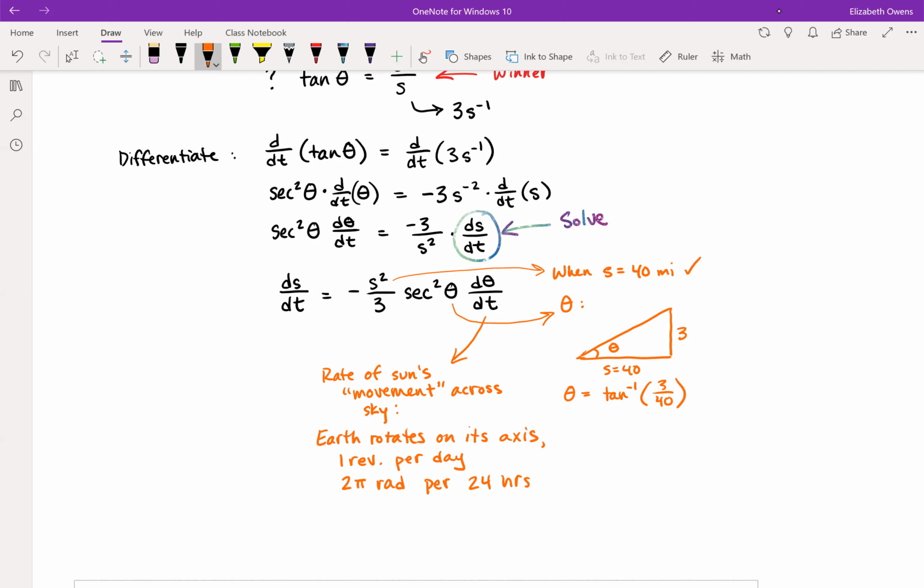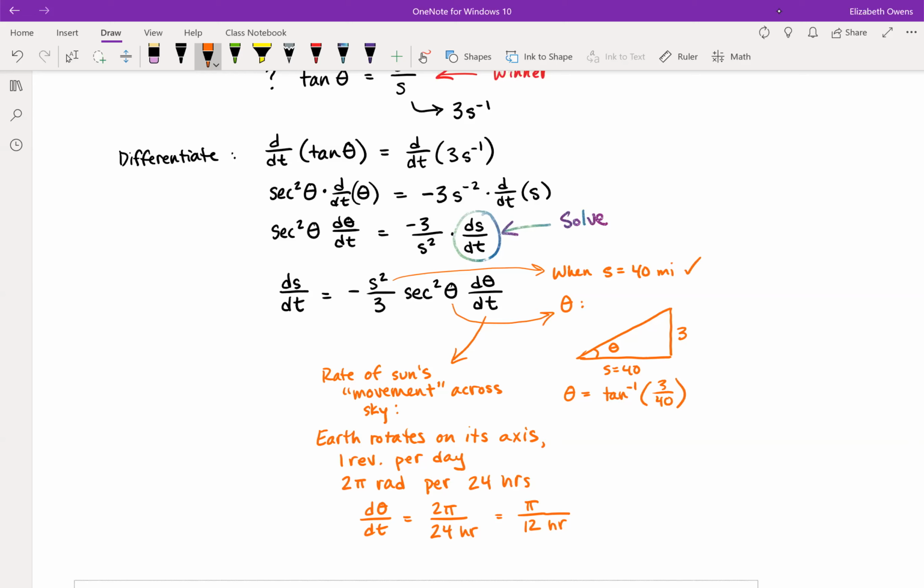And so to get d theta dt, that would be 2 pi radians in 24 hours, or we could simplify that to pi over 12 radians per hour. And notice how I'm not writing radians, because usually radians turn out to be unitless in a lot of unit calculations like this. So pi over 12 per hour. So that is our rate d theta dt.